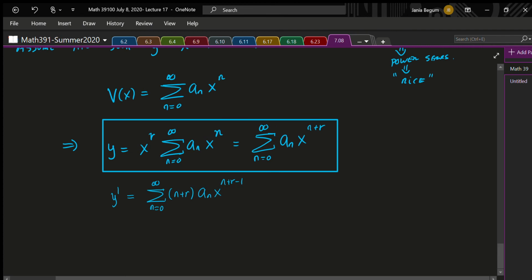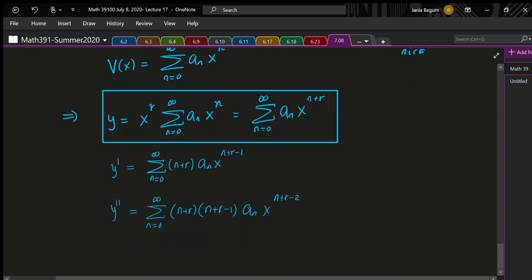And the expression for the second derivative is the sum starting at n equals 0 to infinity of n plus r times n plus r minus 1, a n x to the n plus r minus 2. These are the expressions we're going to plug in for the first and second derivative.